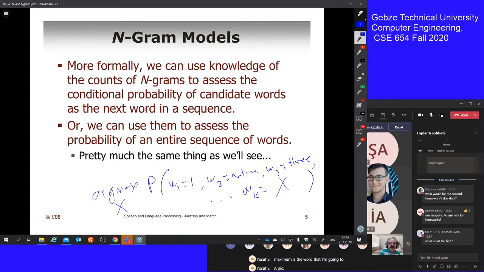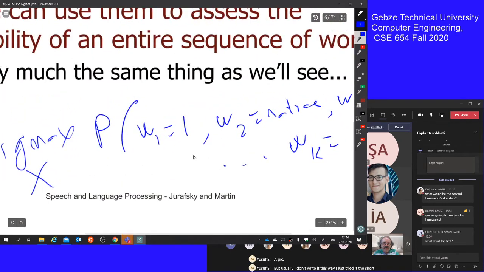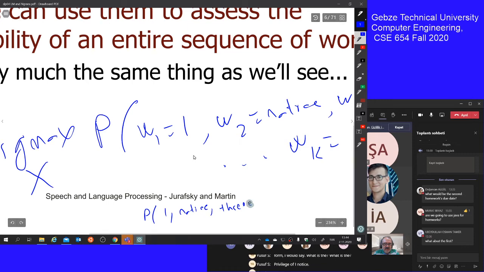But usually I don't write it this way. I just write the short form. I would say, what is the probability of I notice 3 guys, etc., sidewalk?